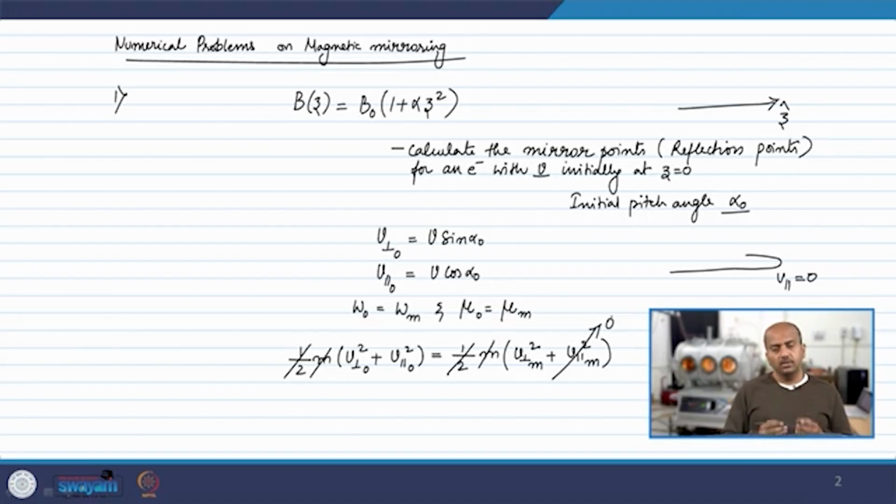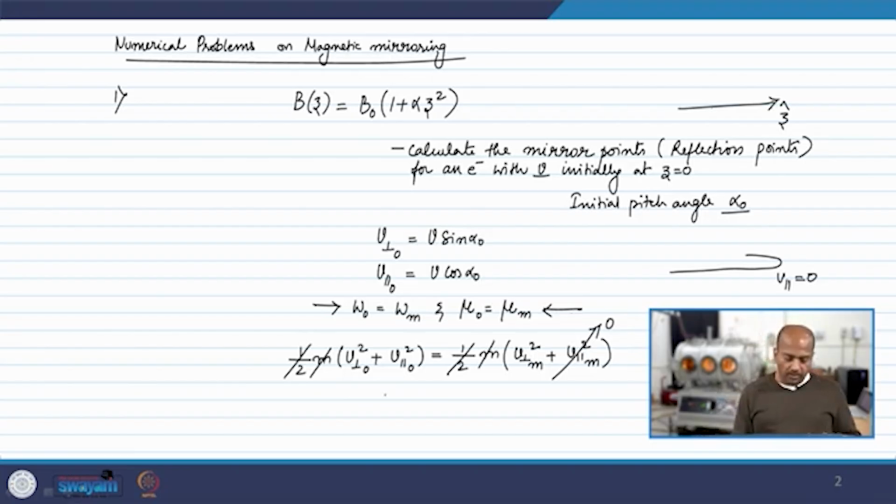Because the particle is just experiencing a normal magnetic field which is not sufficient to reduce the V parallel to 0 to keep the magnetic moment constant. What it means is that the kinetic energy is the same between the initial point and the mirroring point. So does the magnetic moment. Initially and at the mirroring point, both of them are the same.